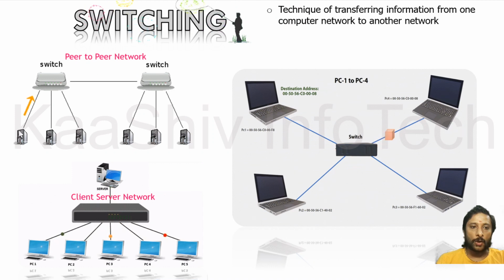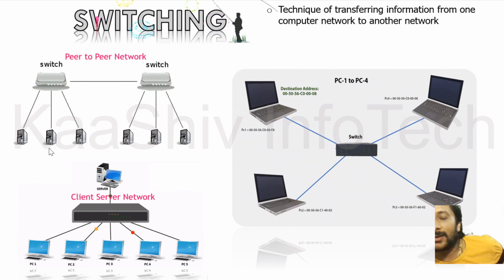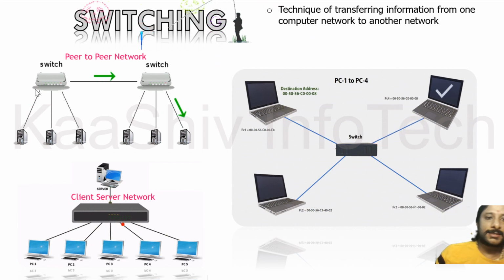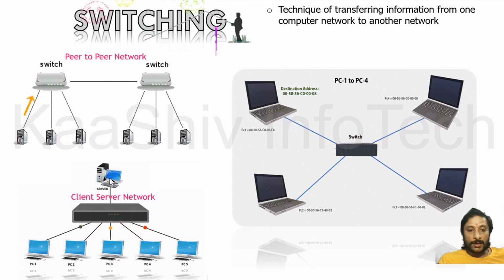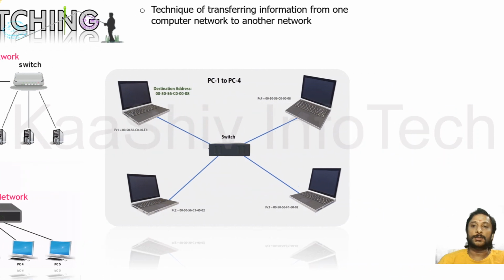All computers are interconnected, sending and receiving data, and in that case it will send to the correct people. Whereas in client-server, the client will send to the correct server. If the destination address is defined, you can see the MAC address, and it will send exactly to the destination. So this is how the switching concepts will work.